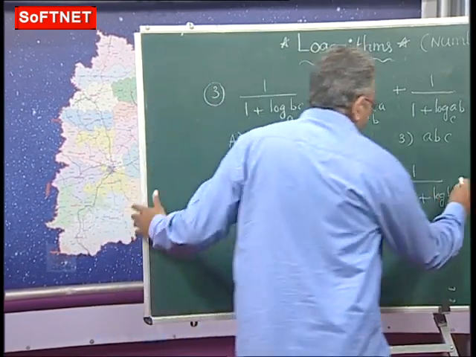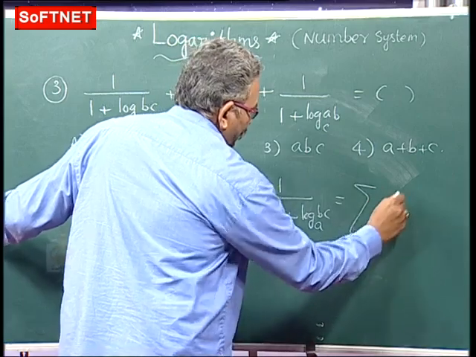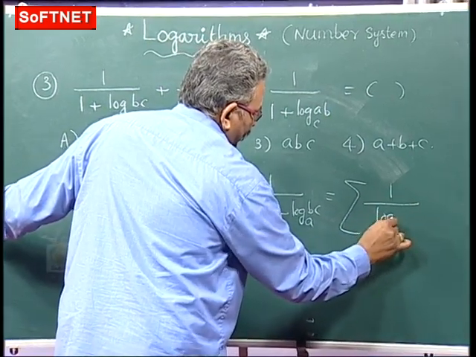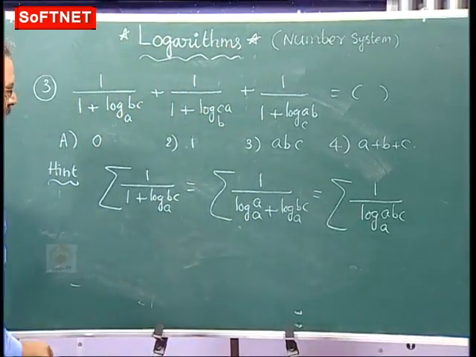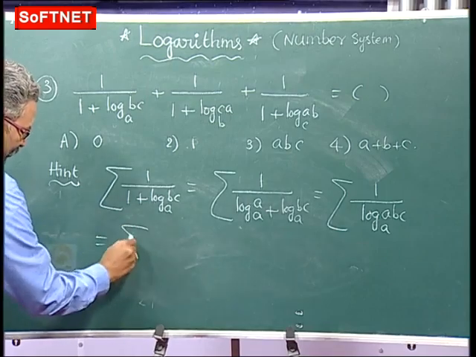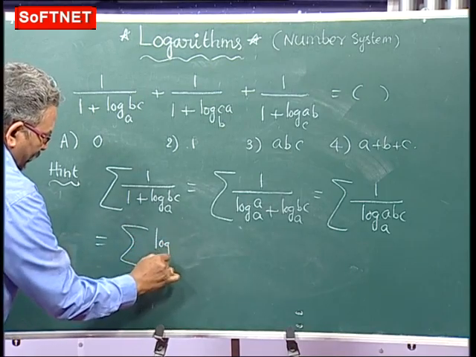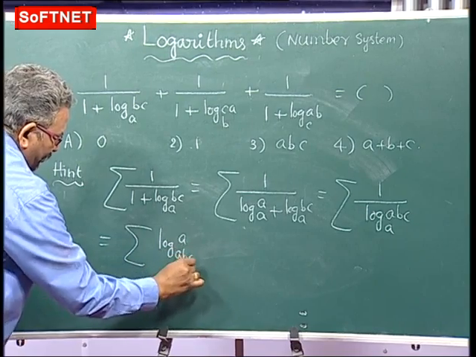So this equals sigma 1 by log of ABC to the base A. So this can be written sigma log A to the base ABC.